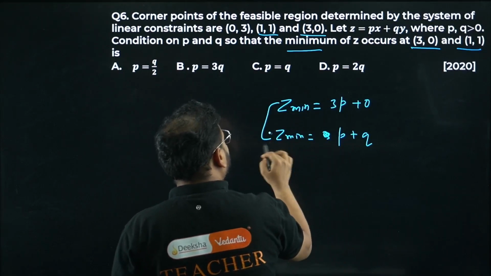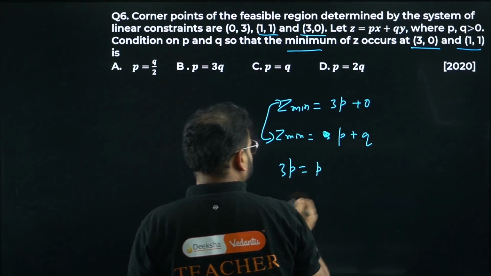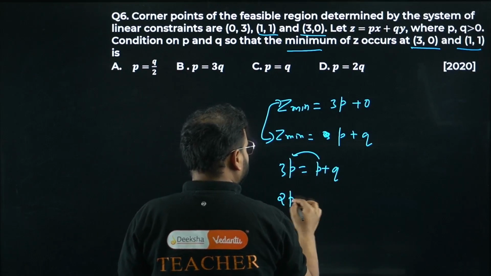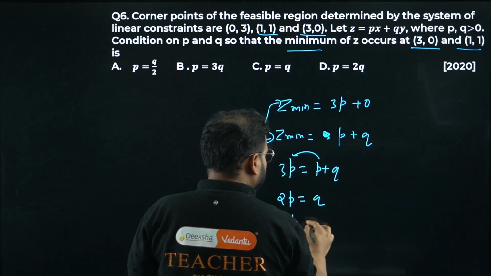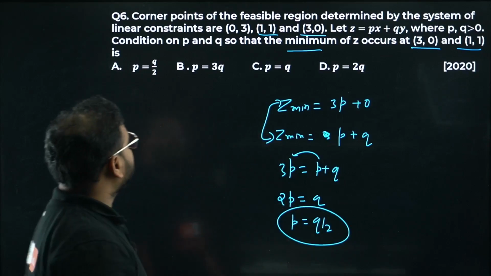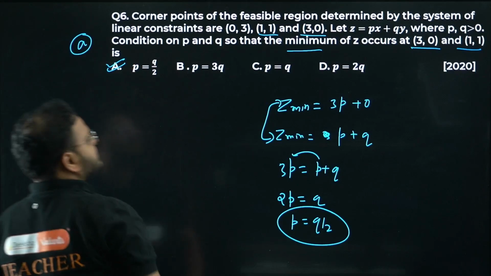They both will be equal only. So 3p equals p plus q. I get 2p equals q, hence p equals q by 2. P equals q by 2. Option is A. Please check. Option is A.